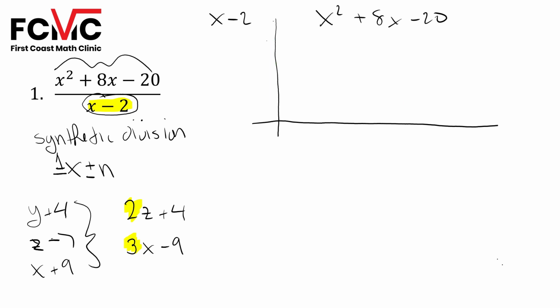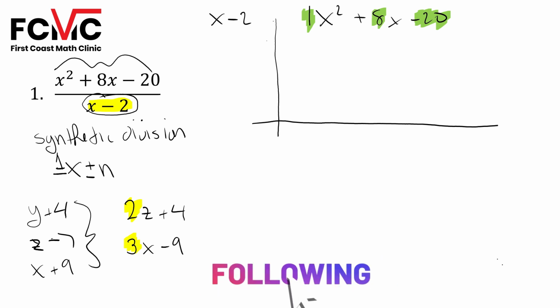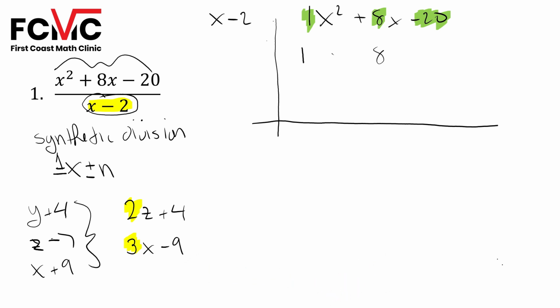So really easy. From our polynomial, all we're going to do is take our coefficients. So we're going to take the 1, the 8, and the minus 20. And those are going to be the terms that we write inside this box. So we're going to start with 1, 8, and minus 20.